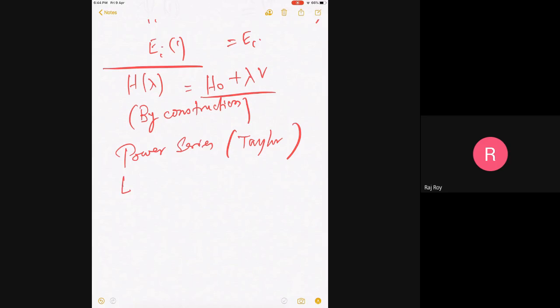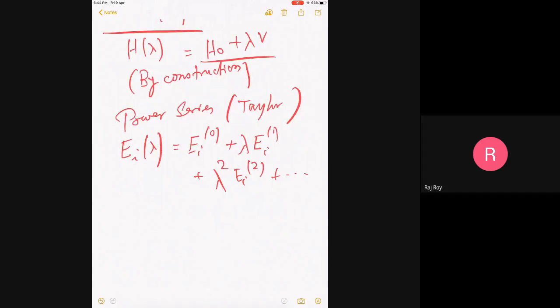So that means I will write EI lambda as EI0 plus lambda EI1, which is the first derivative, or the coefficient, whatever, plus lambda squared EI2, and so on. Please remember, this is just a way of writing a power series. This is the zeroth order term, which is the term I get when lambda equals 0.